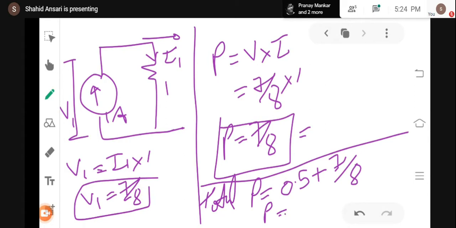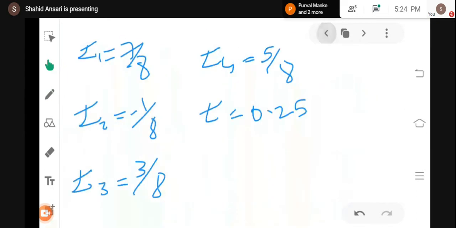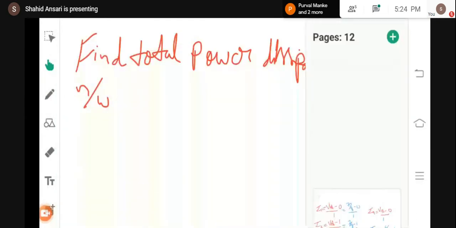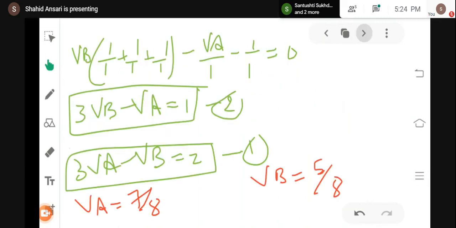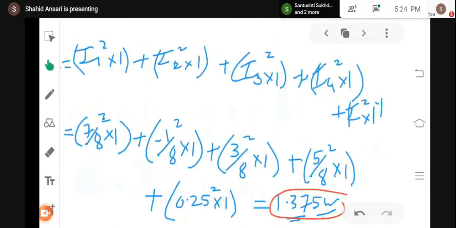Solve it. How much are you getting? 1.375. 1.375 watt. It must be the same as before. So this is 1.375, and by using the power dissipated formula, we calculated it there.